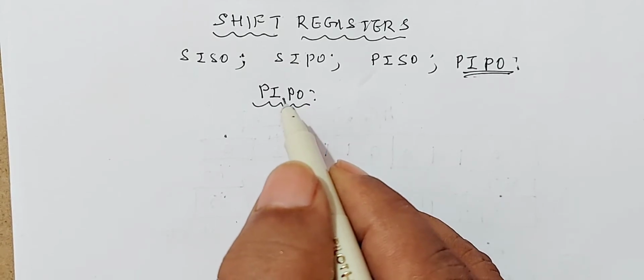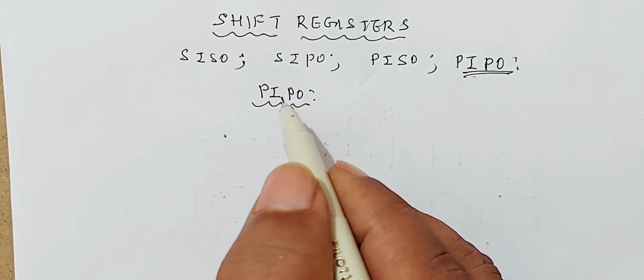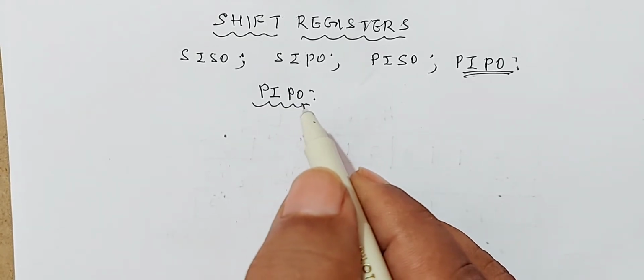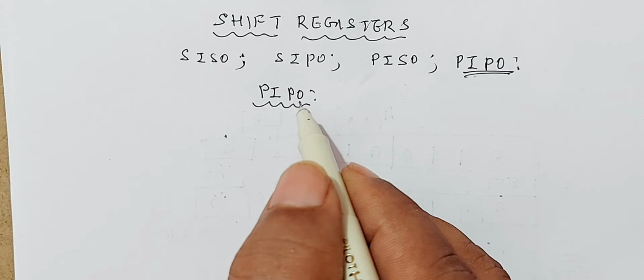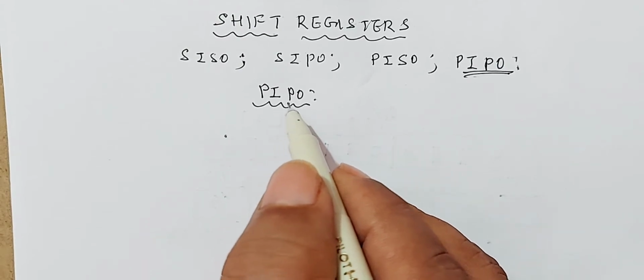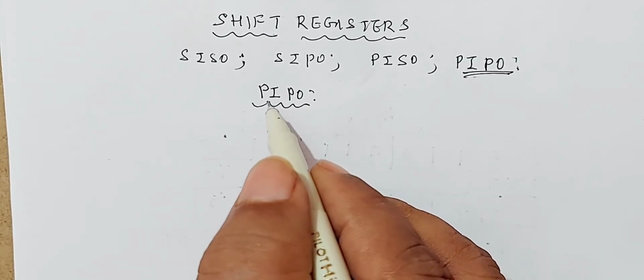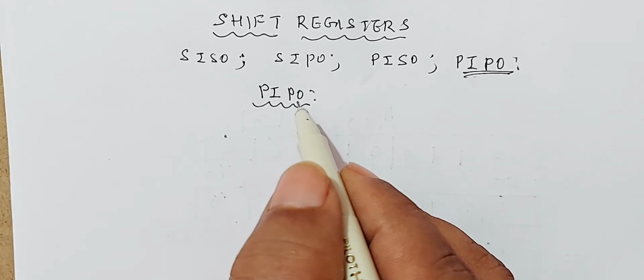Both are simultaneous. At a single step you apply the input, and at a single step you take the output. That is parallel in and parallel out. I will write the 4-bit shift register of parallel in, parallel out.